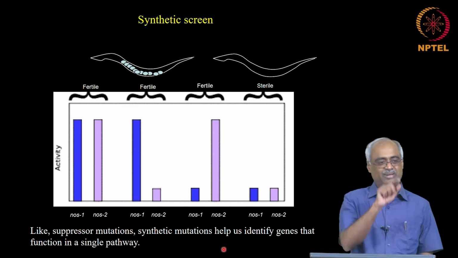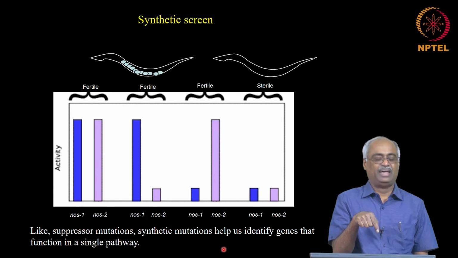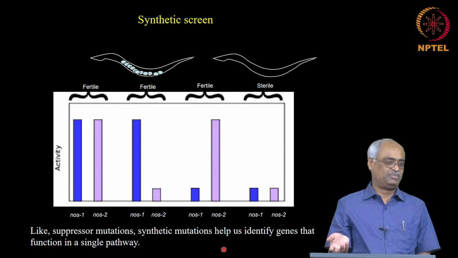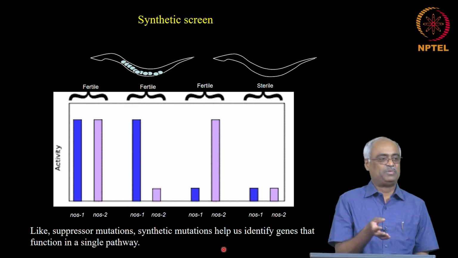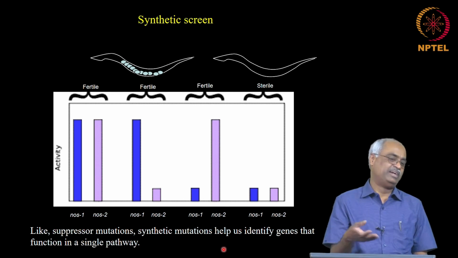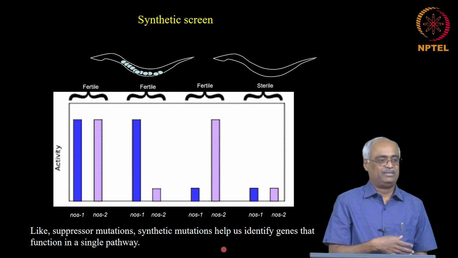This radioactive tracer as well as epistasis analysis is how all the biochemical pathways were worked out. Of course, biochemical pathways were not worked out by doing genetics in C. elegans or Drosophila, they were done mostly on bacteria, E. coli, bacterial genetics. But the basic rules apply in all organisms the same way.